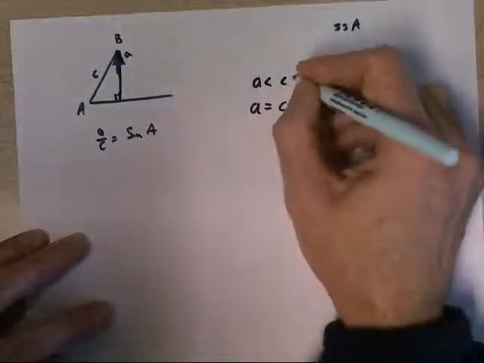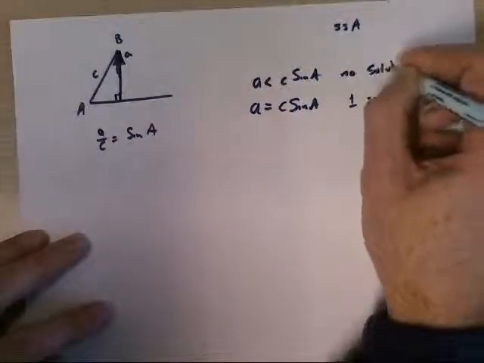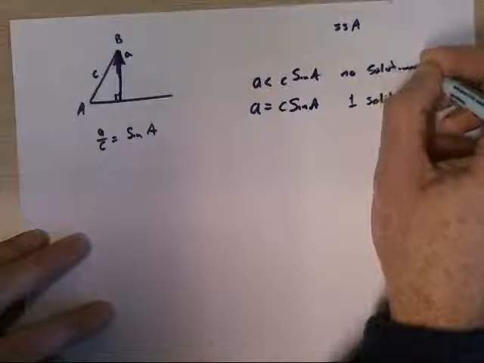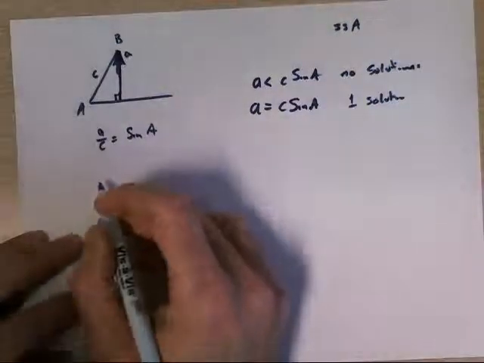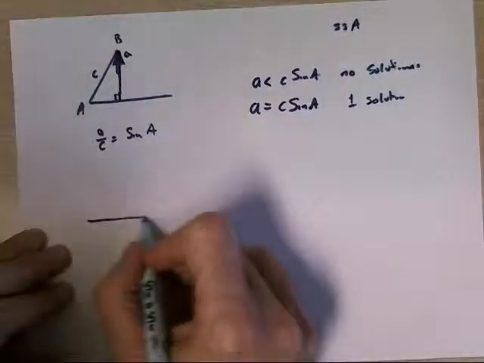If a is less than that critical value, then there's no solutions here, right? No solutions. On the other hand, if a is bigger than that, then there's some other possibilities.